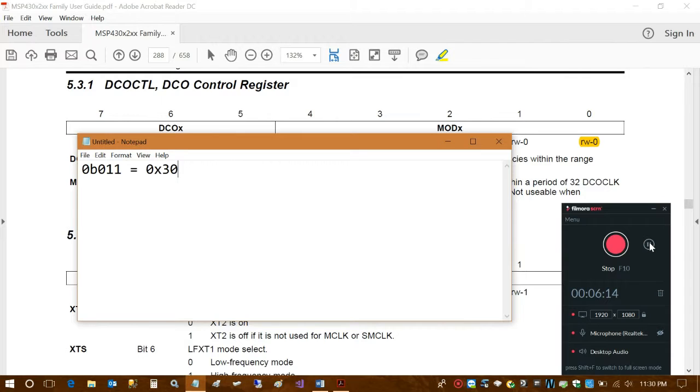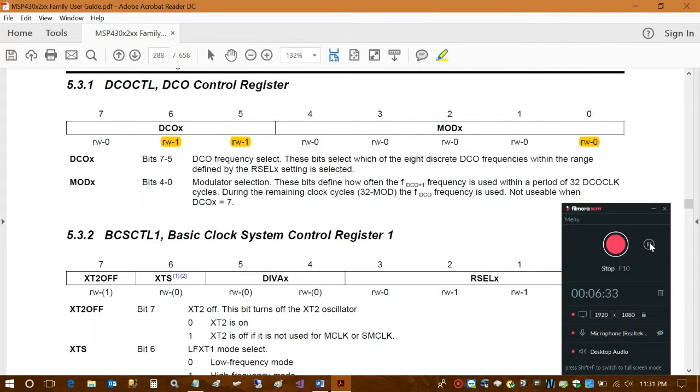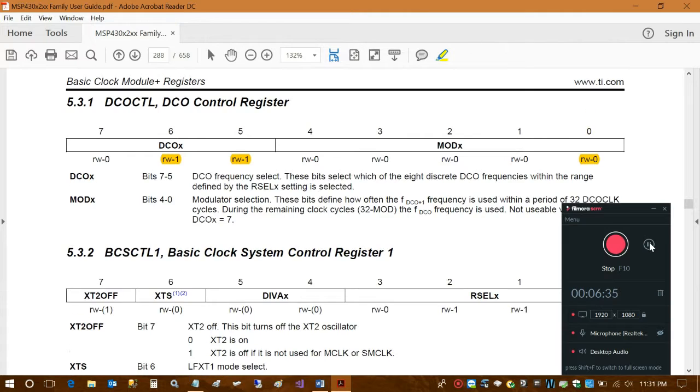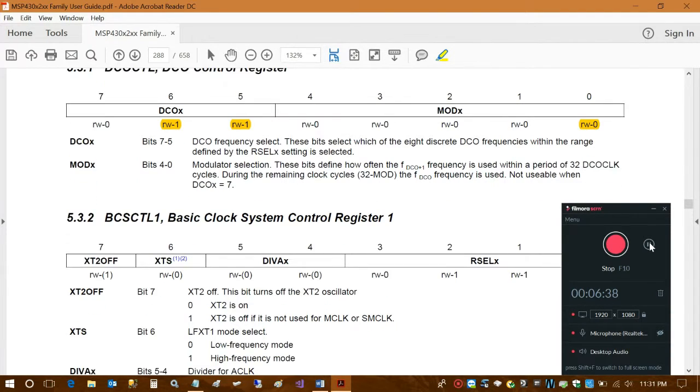So that is the standard value after power up, that is 0 1 1, and all the rest will be 0 for the modulation values. So that is how you configure the DCOCTL register.